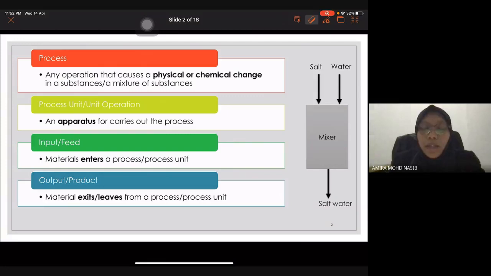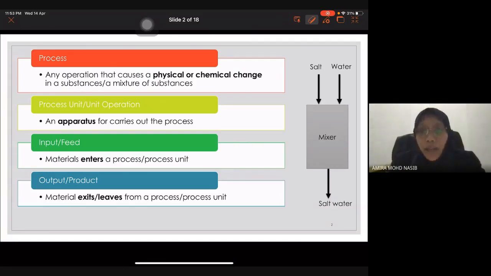Let's say we're talking about the oven. What are the materials that we put into our oven? We put flour, a mixture of flour, some water, some eggs, and also some other smaller portions of ingredients, such as maybe some sugar, or maybe some colorings. Those are the input.